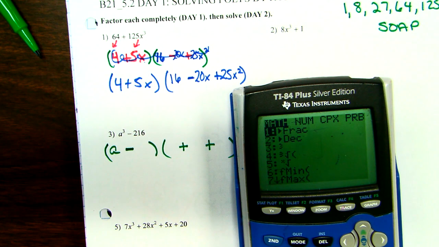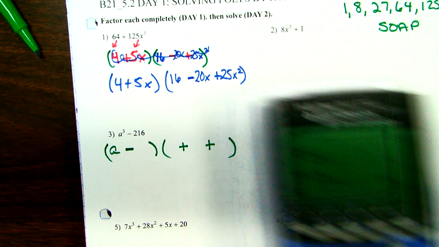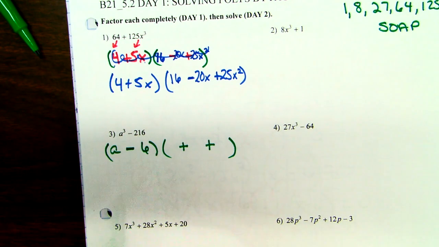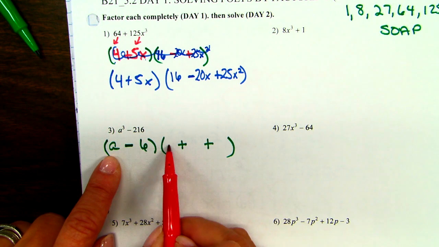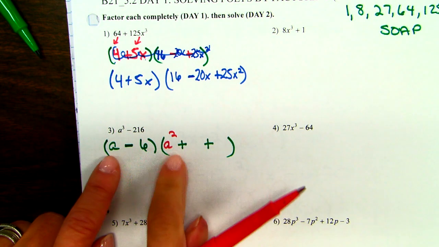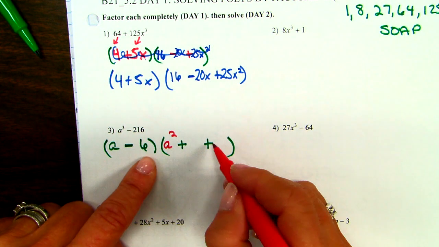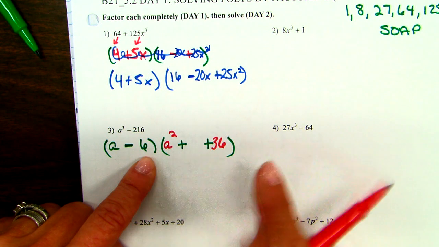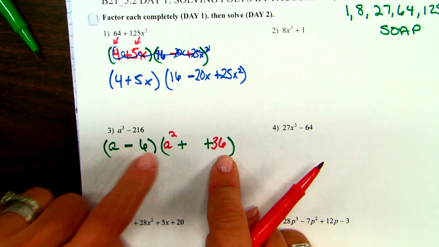Math 4, and then put 216 in there. Yep, that's the next one. The cube root of 216 is 6. That means 6 times 6 times 6 equals 216. Okay? Square our a. They go together. Square the 6. Goes there. Multiply those together.